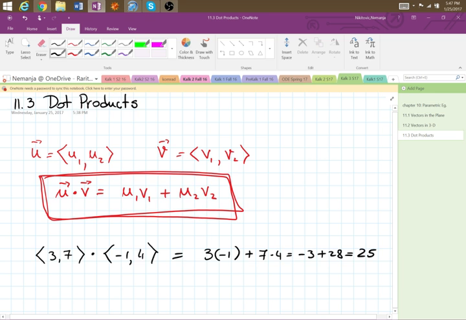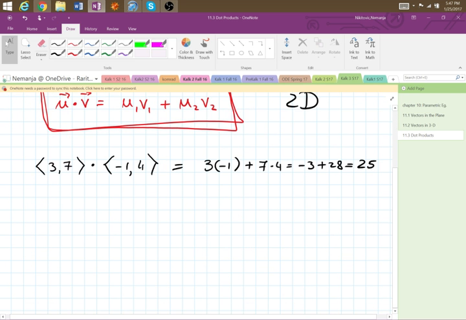For the 3D now, it's going to be the same. So this is a 2D version. Let's take a look at the 3D version. So we have that the vector u is u1, u2, u3, and vector v, which is v1, v2, v3.